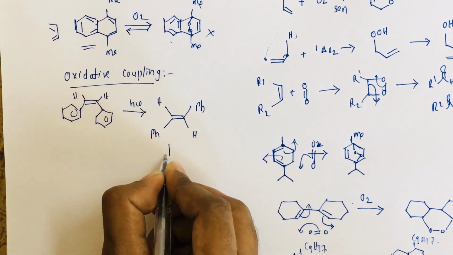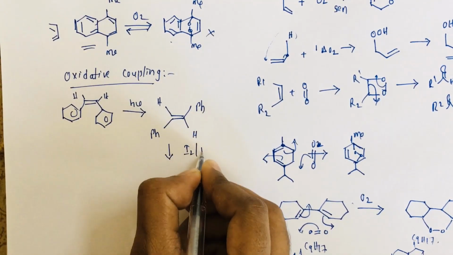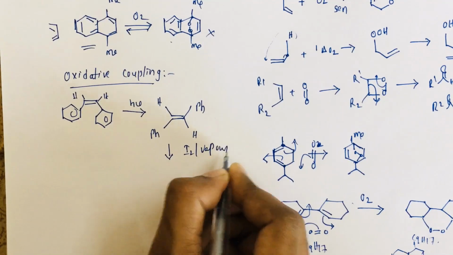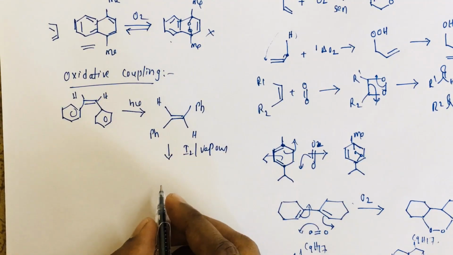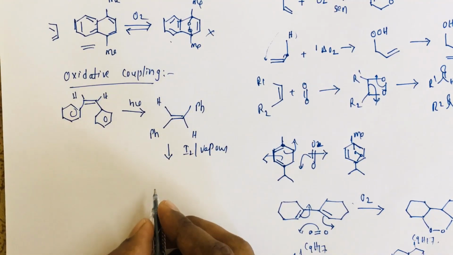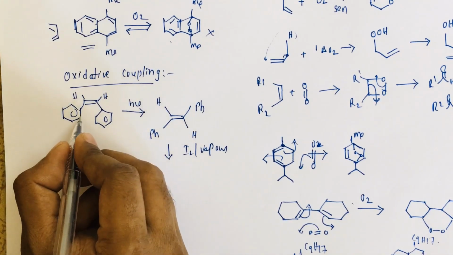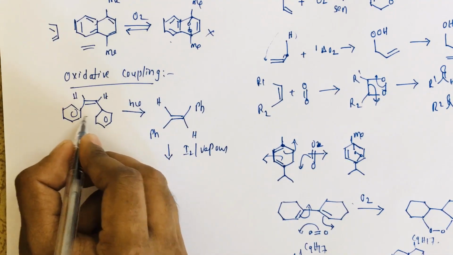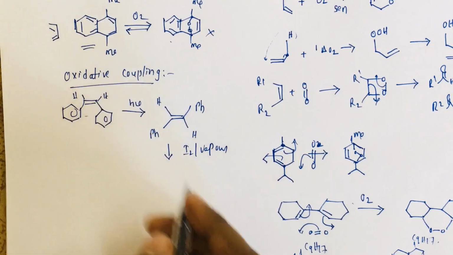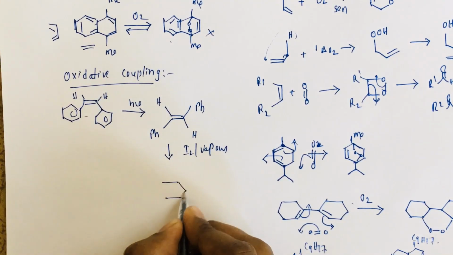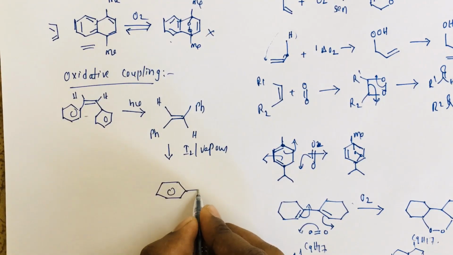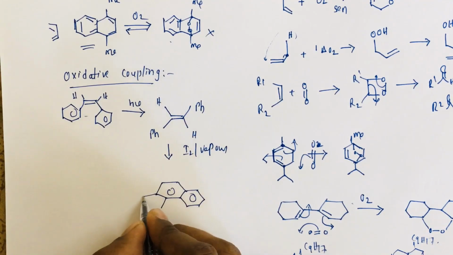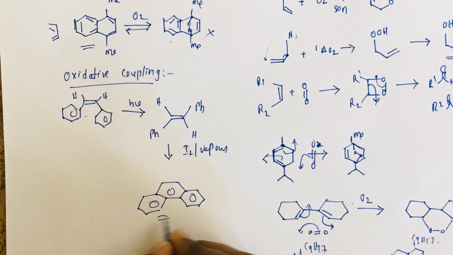And upon exposing this one to I2 vapor, oxidative coupling takes place. Oxidative coupling means cyclization takes place, meaning there is a new bond formation between these two benzene rings, and we'll get this kind of system.